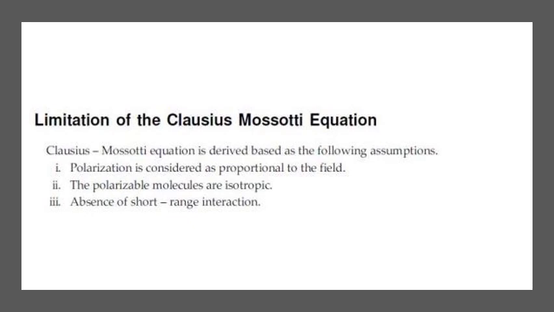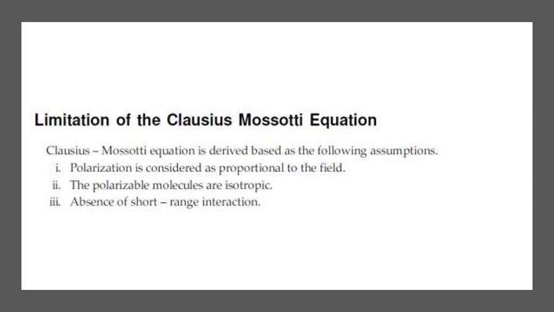We have assumed that the polarizable molecules are isotropic. But many times, the polarizable molecules may not be isotropic. Isotropic means the properties are the same in all directions.